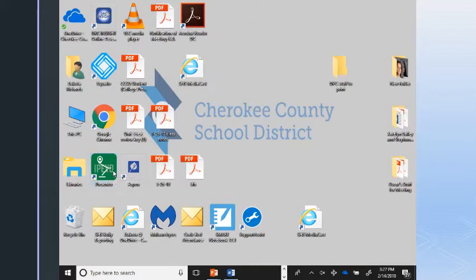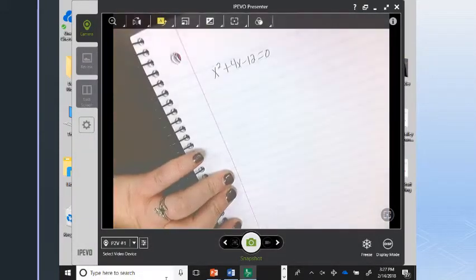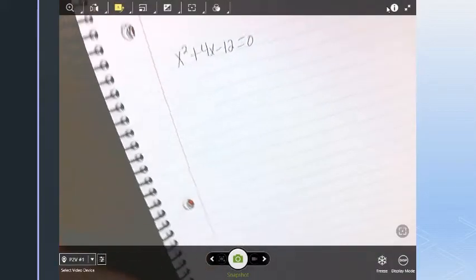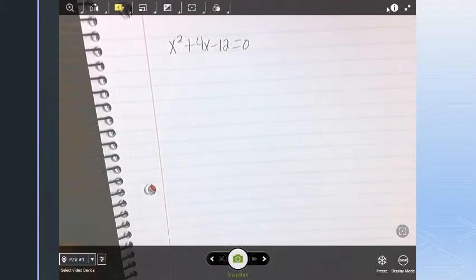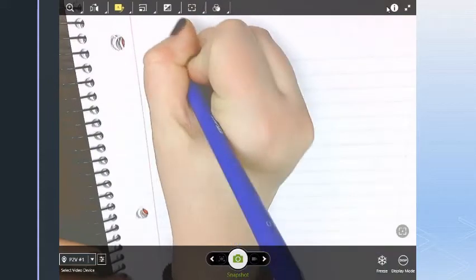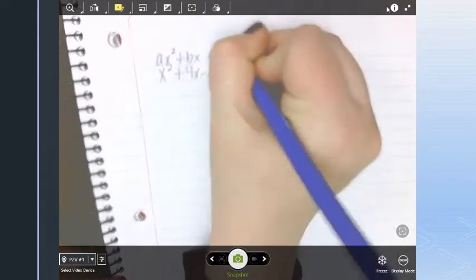So basically, you need to figure out what A, B, and C are. This is the equation it gives you, and standard form is just ax squared plus bx plus c equals 0.